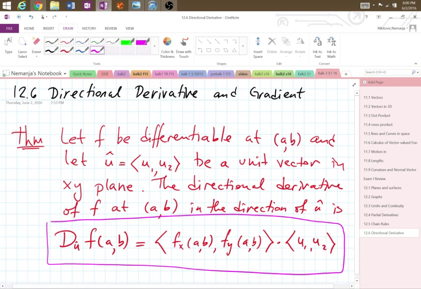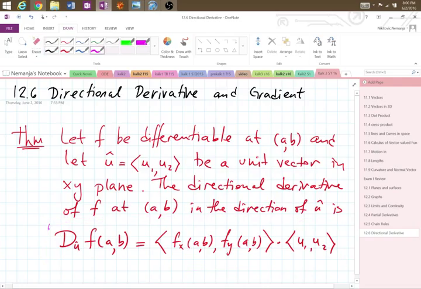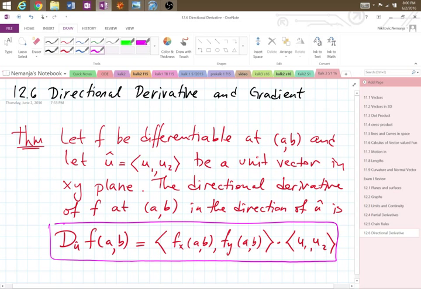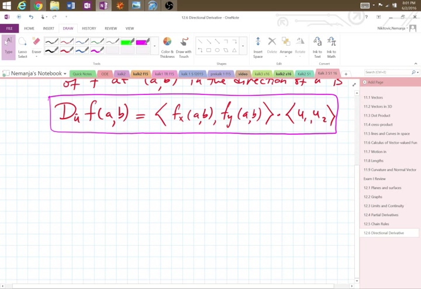So it quantifies the change. Dot product is multiplication for 2 dimensions, 3 dimensions, 4 dimensions.